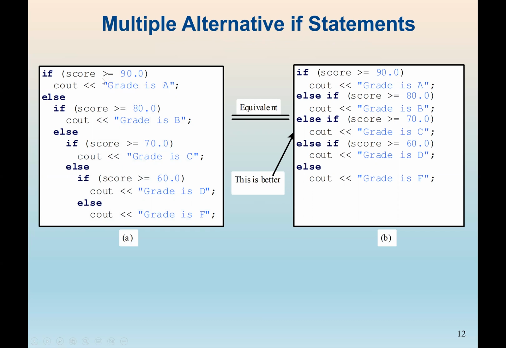Here we can say that if score is greater than or equal to 90, then grade is A. Else, if score is greater than or equal to 80, we say B. If it's greater than or equal to 70, we say C. Else, if the score is greater than or equal to 60, we say D. Else, we say F. If any of the conditions is true, for example, if our first condition is true, then we are not going to test the rest. We just print grade is A, then we continue.